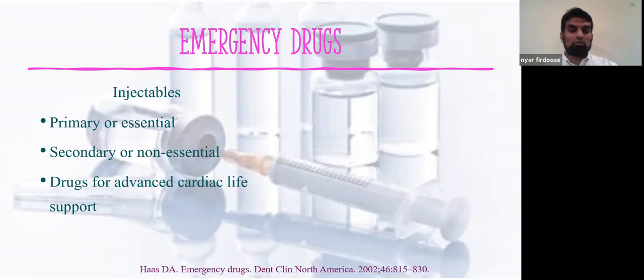Now, the drugs that should be promptly available to the dentist can be divided into 2 categories, that are injectables and non-injectables. The injectables are further divided into 3 subcategories: the first considered as primary or essential drugs, the second containing the secondary or non-essential drugs, and finally the third, the drugs for advanced cardiac life support.